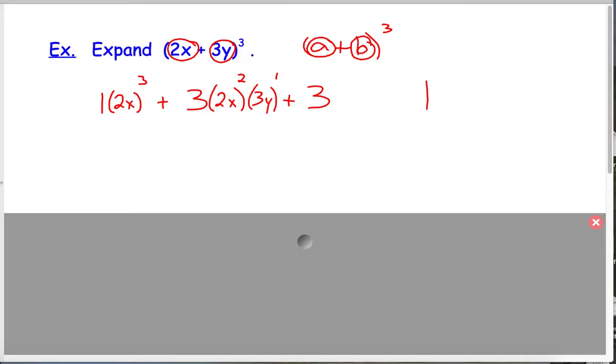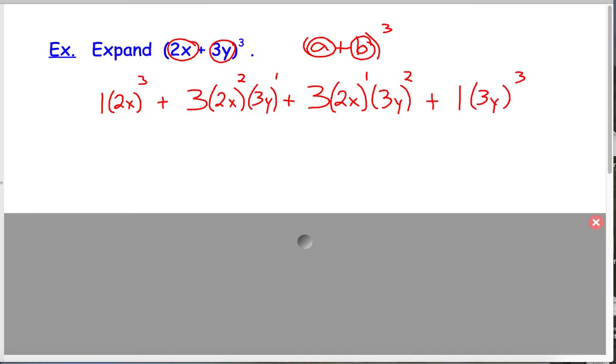And then for the next term, we'll have the a only to the first power, and the b to the second power. And then for the last term, we'll have a to the 0 power, which is 1, so I don't really need to write it, and then b, which is 3y, to the third power.